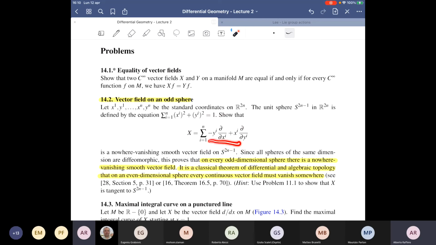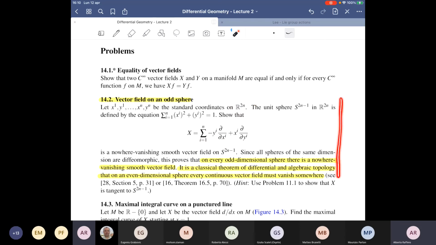It is clearly nowhere vanishing because of its definition. Here you have these coordinates that are never 0 on the sphere. And to show that it is a tangent vector to the sphere, it is sufficient to show that it is orthogonal to every point of the sphere by means of the usual Euclidean product you have on R2n. So it is similar to some exercise you discussed last time.